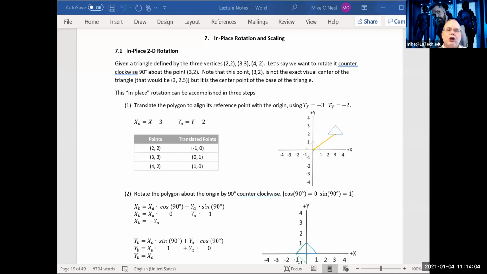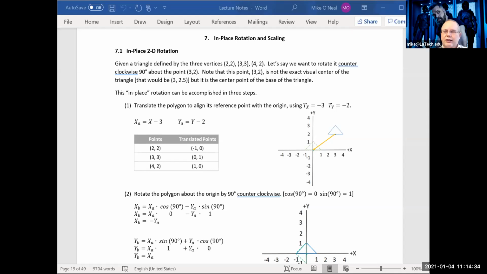We've already shown that our rotations and our scaling are in place if the object is centered on the origin. So if the visual center of your object is 0, 0, 0, then the object will scale or rotate without moving.